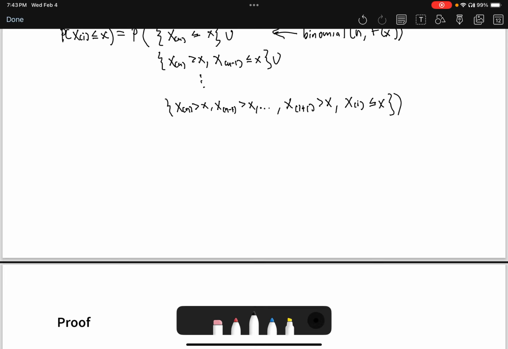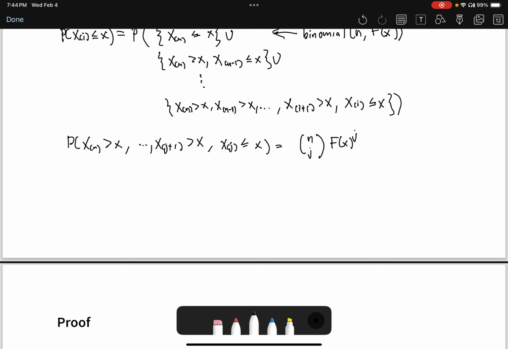And so what that means is that, for example, the probability that the nth order statistic is greater than x, up to the j plus 1th order statistic is greater than x, and the jth order statistic is less than or equal to x, is n choose j.